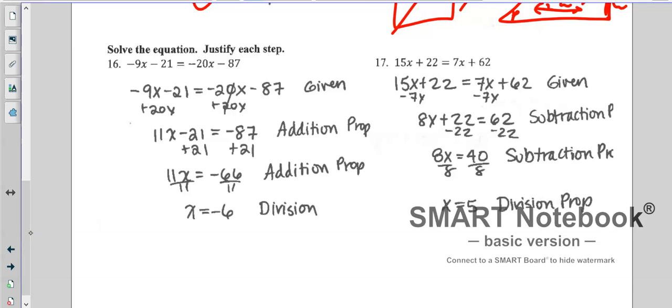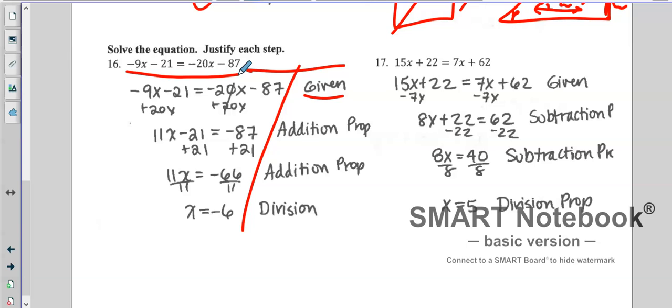All right, solve the equation and justify each step. So, you can draw your T, you don't have to, but remember, the first thing you do is just copy this down and write given. Now, there's more than one way to start this. I could add 20x, I could add 9x, I could add 21, I could add 87. Doesn't matter. What I'm doing each time is the addition.